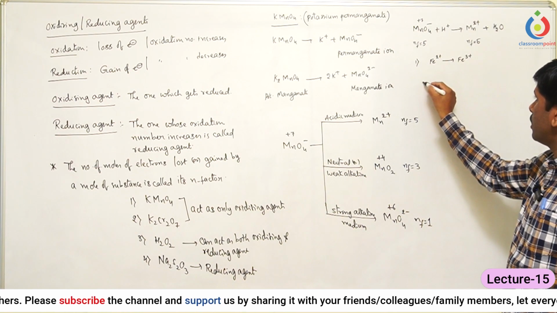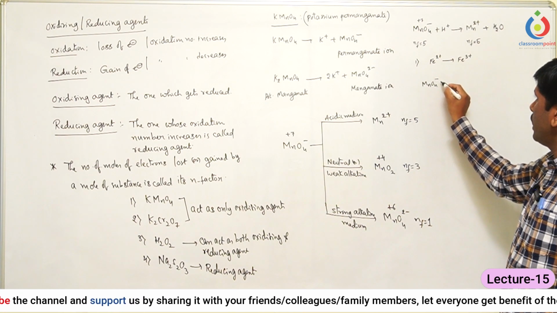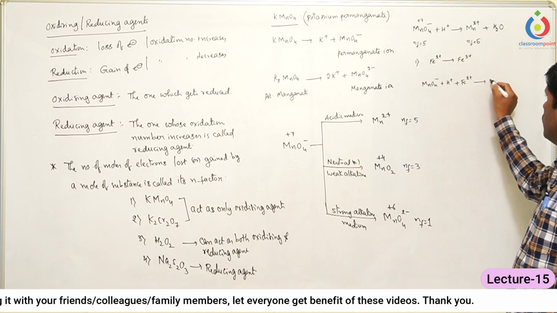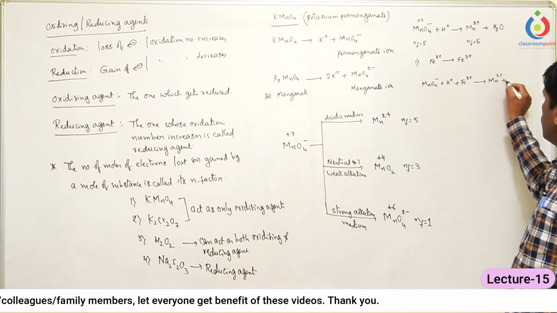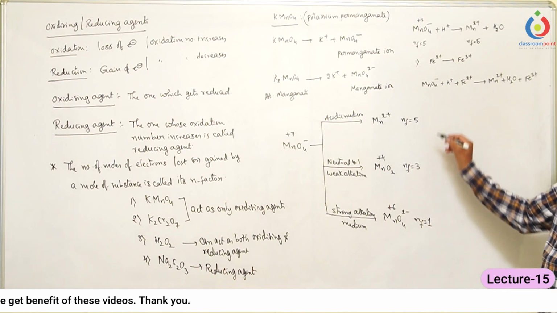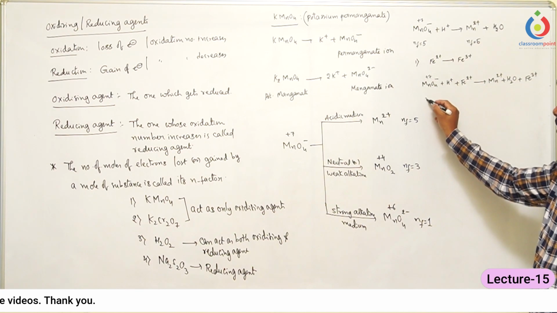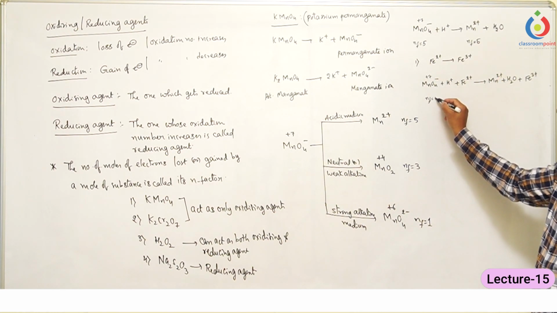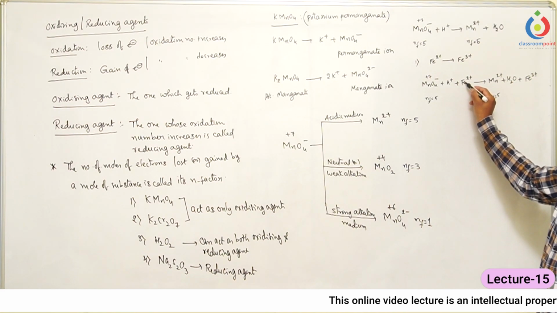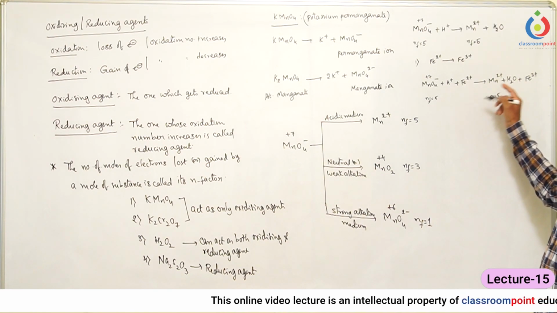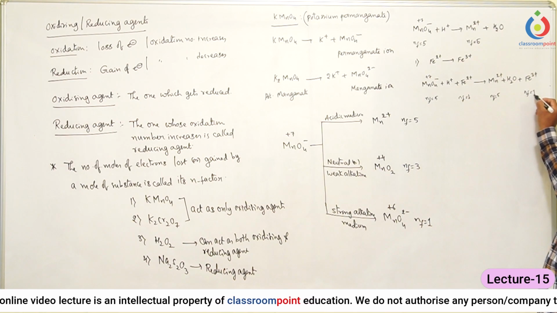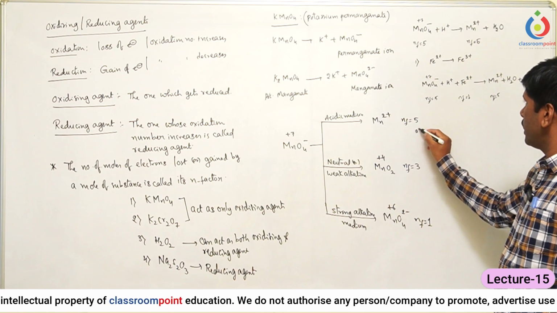So we can write down that MnO4 minus plus H plus plus Fe2 plus giving Mn2 plus plus H2O plus Fe3 plus. So N factor again, as I said, +7 here. Change of electrons from here to here is 5. Here also N factor is equals to 5 in terms of the manganese. Iron oxidation state +2, iron oxidation state +3. Difference is only 1. So that N factor equals to 1 here, and here also N factor is equals to 1.